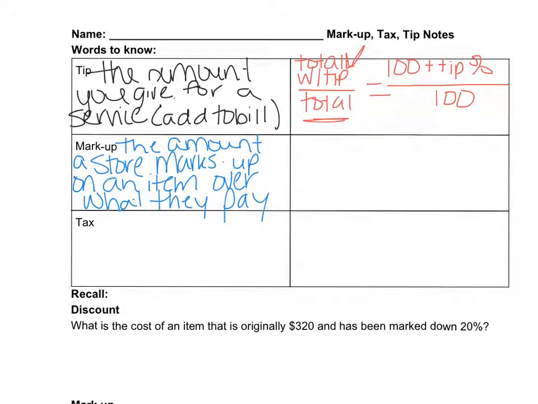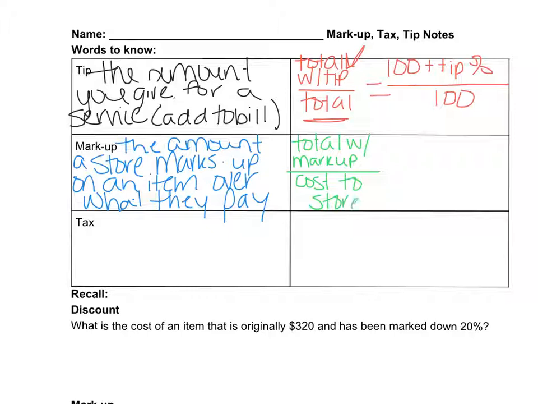Okay, so the way that that works on our proportion is I would put total with markup. So that's the total cost the customer is going to pay over the cost to the store.